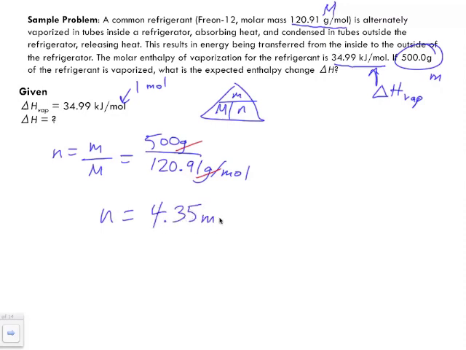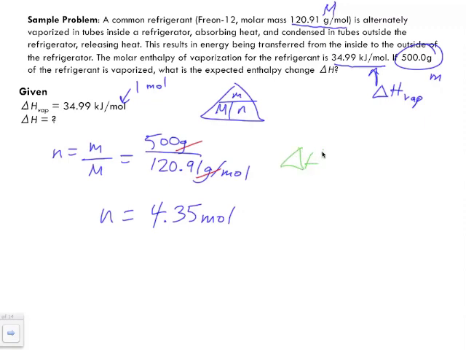4.35 moles. So to vaporize it, we're not using 34.99 kilojoules per mole by itself. We actually need to use this now in conjunction with this new equation. I'm going to use a different color here to show that.